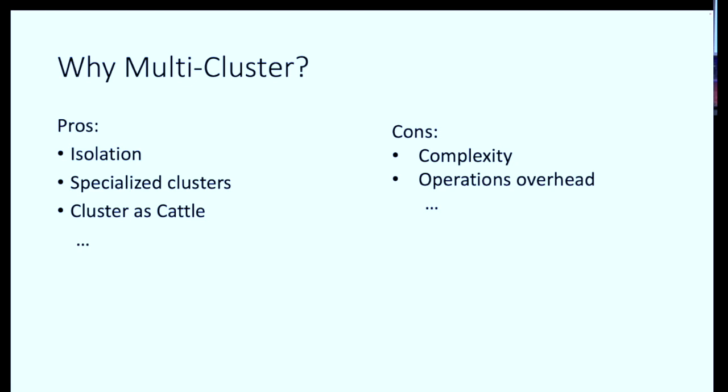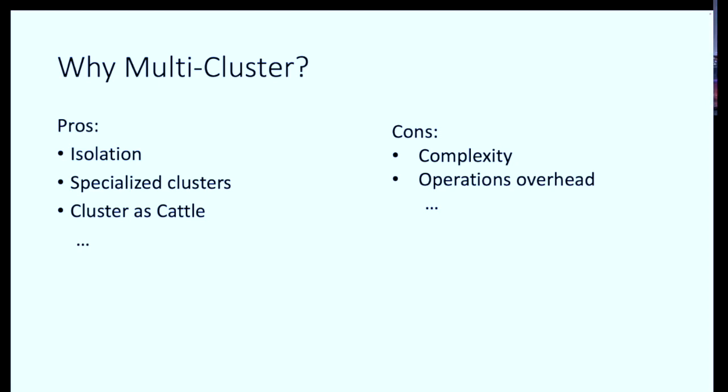And then another benefit is that we have specialized clusters. So, for example, we have a cluster which only runs stateful workload. That means we can be a bit more rough with the other clusters because they don't have any state. Another one is that we have a concept called cluster as cattle, which we're not all the way there, but it means that we can treat the clusters more like cattle, similar to how we treat our containers.